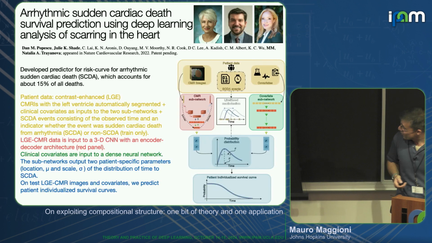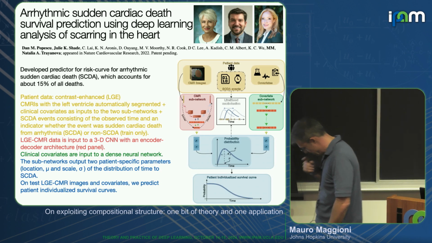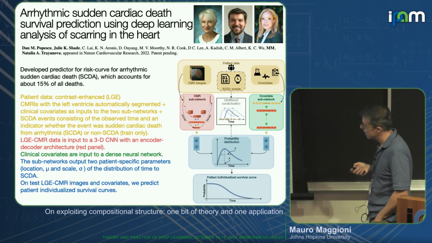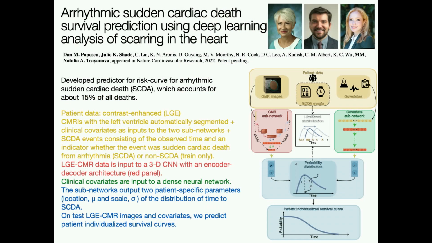The second project I wanted to briefly talk about is the following. And so this is, again, of course, with Natalia and Dan and Julie Shade and many others. So we say, well, now we have these cardio MRI images. Maybe we have some clinical data for every one of the patients.